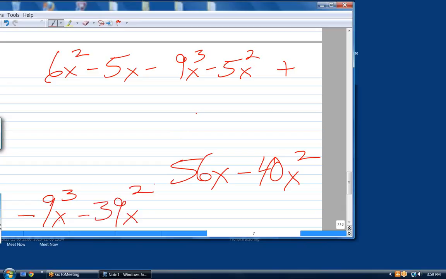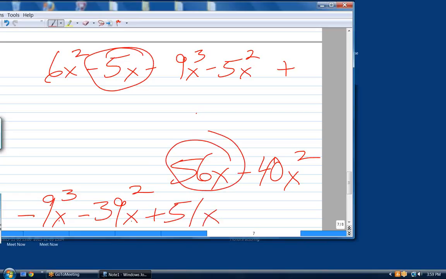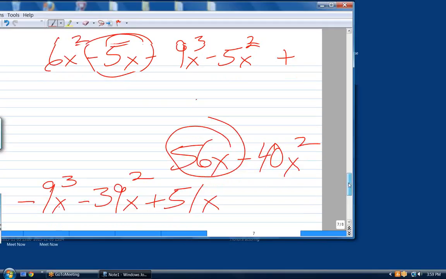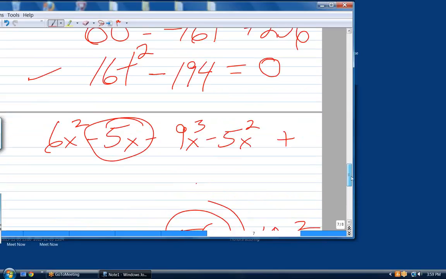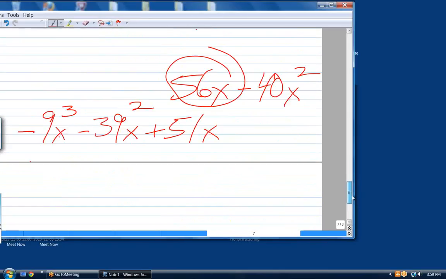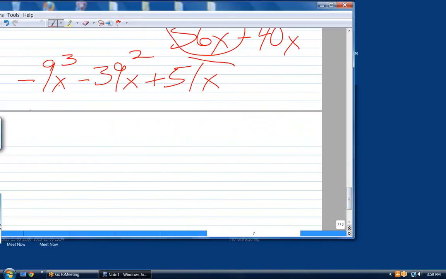How many x's? Got 2. What are they total? 51x. Plus 51x, because I have to put a sign in front of it, notice. And then your negative 9. Is there a number? Nope, I don't believe so. Okay, alright, so that's your answer.